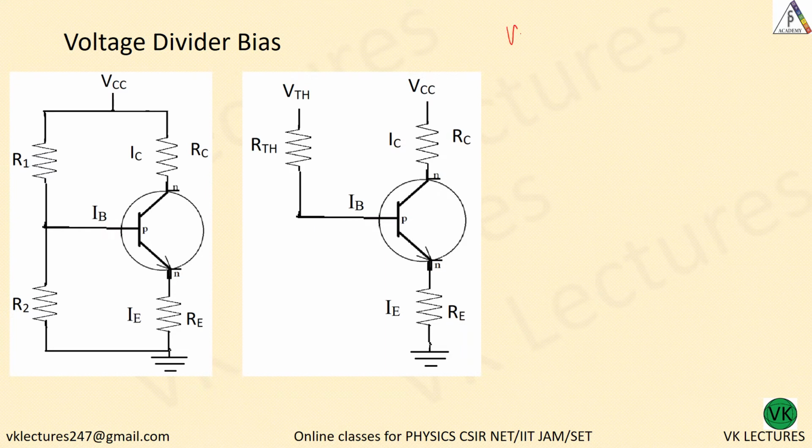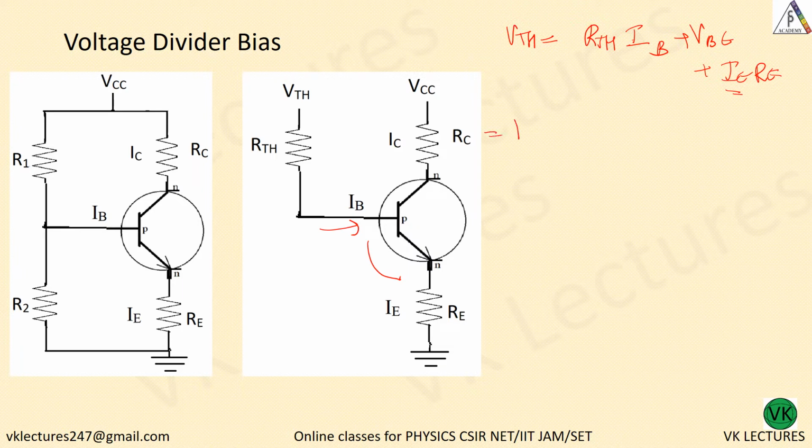VTH is equal to this RTH into IB you can write. Okay, this is the current flowing through base. RTH into IB plus here you have VBE again plus IE into RE. This IE you can convert to IC plus IB.